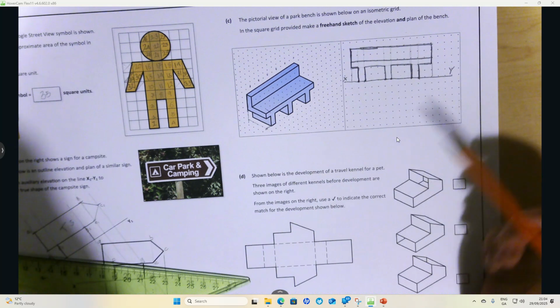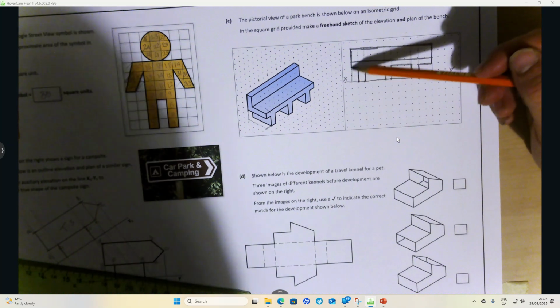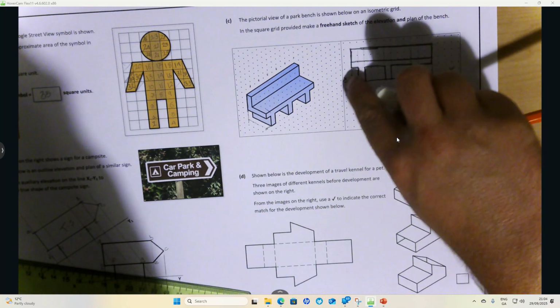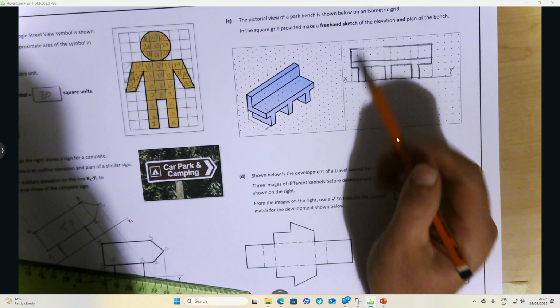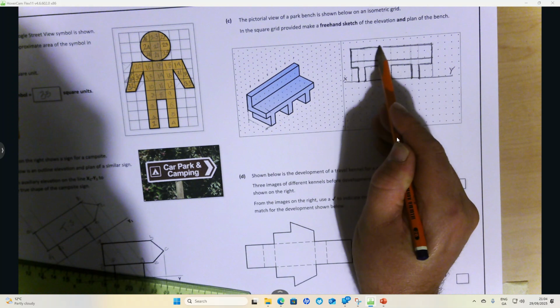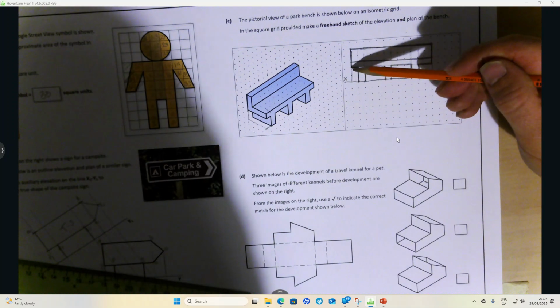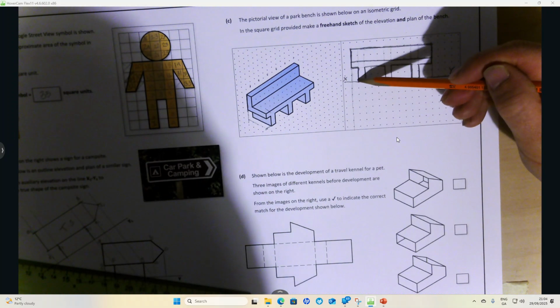Now, there's our elevation. So there's no heavy lines there, just underneath the seat. There's no heavy lines there. Now we're going to project our lines downwards for our plan.